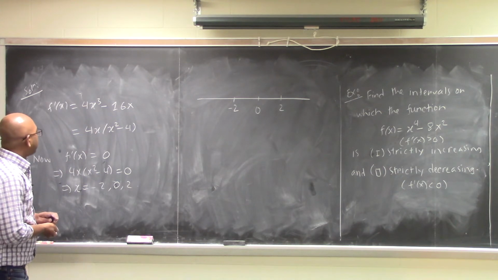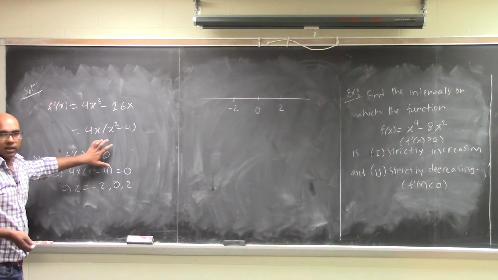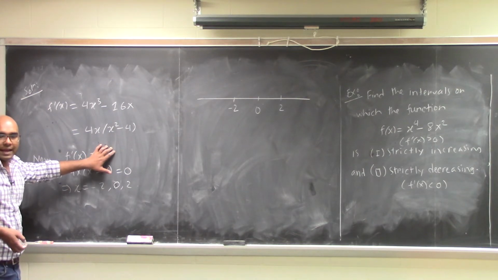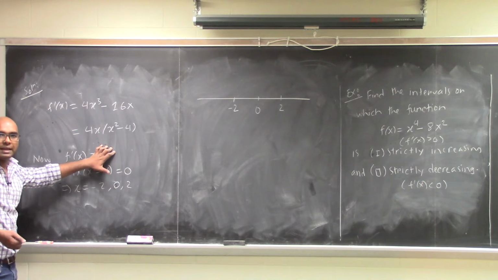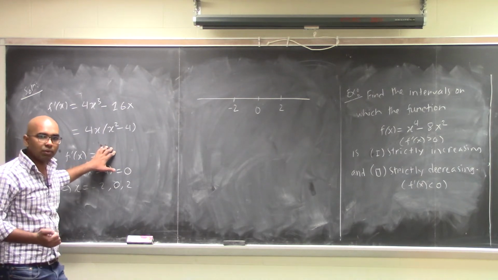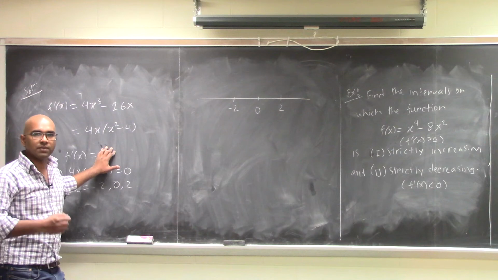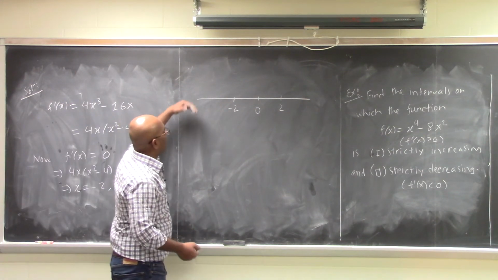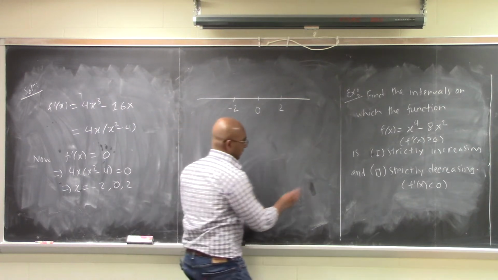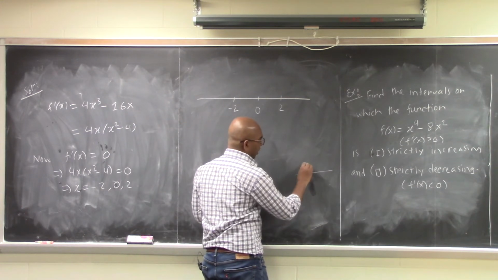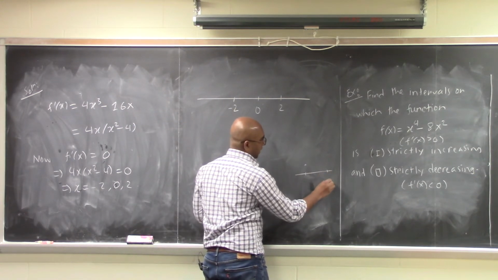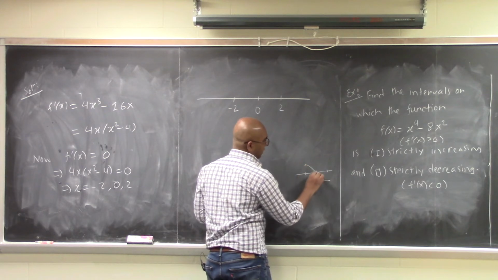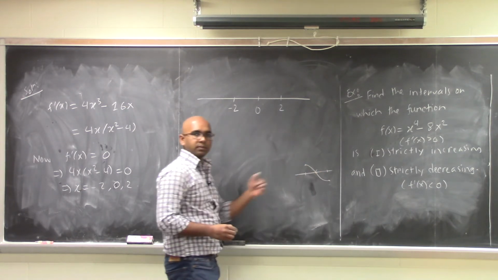And now notice my first derivative is also a polynomial, and polynomial functions are continuous, and for continuous functions we have what? Intermediate value theorem, right? And the intermediate value theorem says if at one point you have positive, at some other point you have negative, then you must have a 0 in between, right?